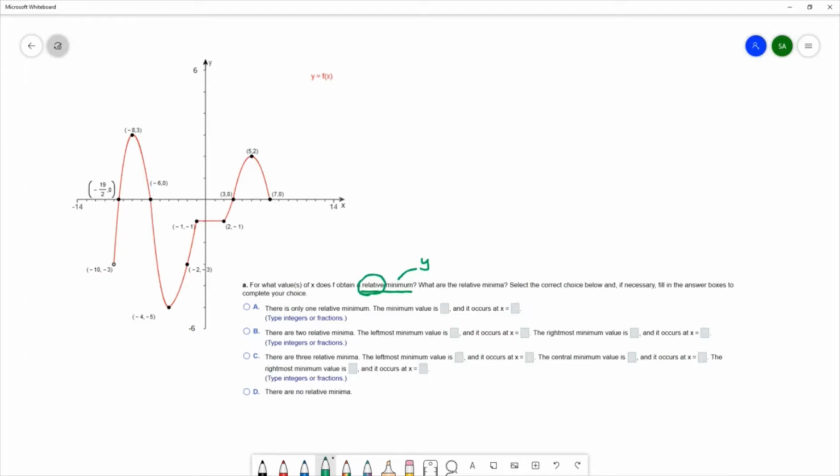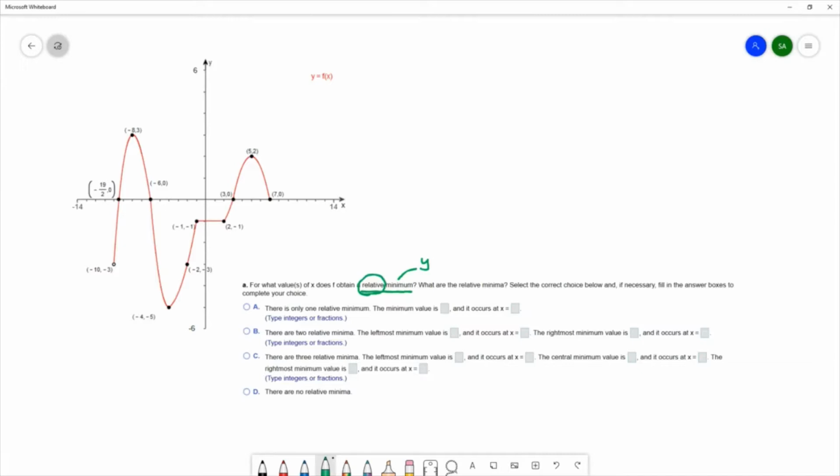The word relative added to the minimum means that we want to look in a localized area, nearby the point we're looking at. It doesn't have to be the smallest y value on the whole picture, it just has to be the smallest y value in the nearby area.